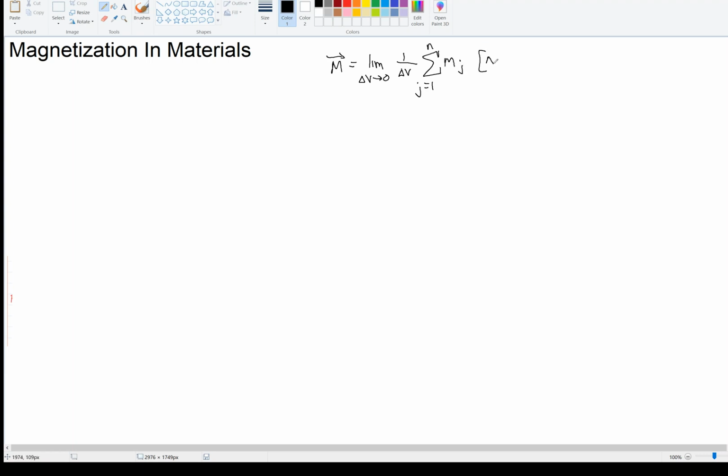This is measured in amps per meter. So in each of the three types of materials, we're going to let M_j be a vector, and also the initials of my favorite athlete. But anyway, M_j, we're going to say, is the moment of the jth atom. Okay? So what we do is we add up all of those moments across all of the atoms in a volume.